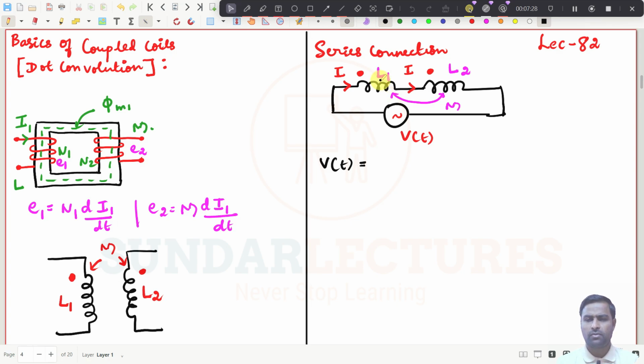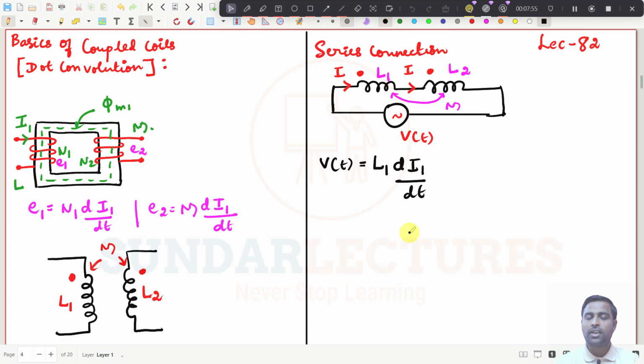Be very careful and listen carefully how I am writing this expression, because this will help you solve all the problems related to coupled coils, right? First, the self-induced EMF: the self inductance L1 multiplied by di1 by dt, the current flowing through this coil.